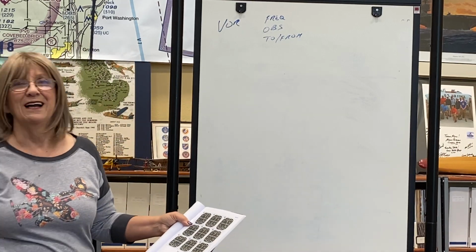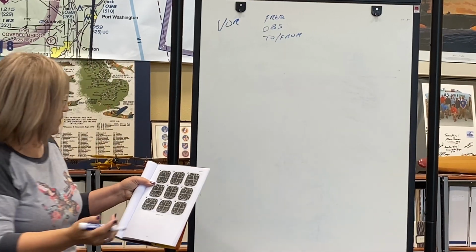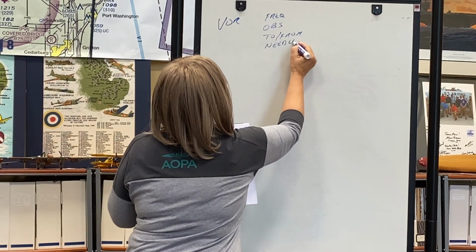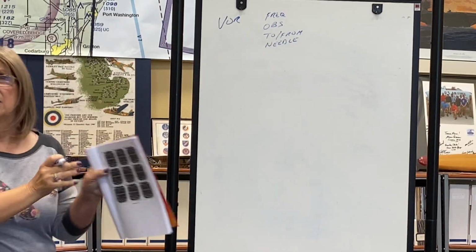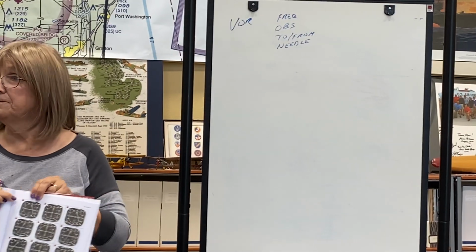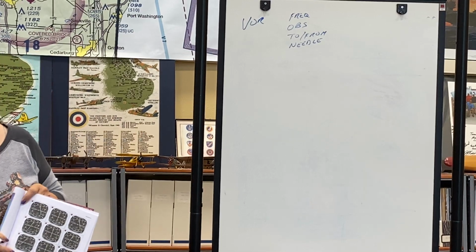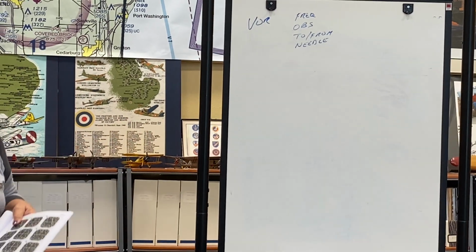It's really smart, okay? And then I'm going to have a needle that tells me where I am in relation to the course that I've dialed in. What does OBS stand for? Omni bearing selector.